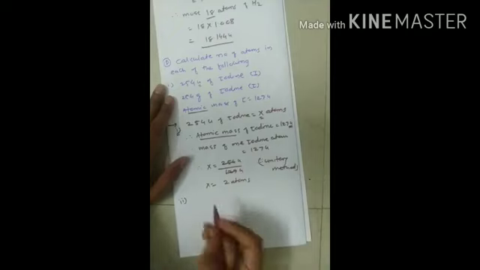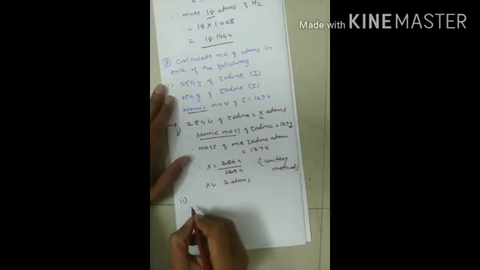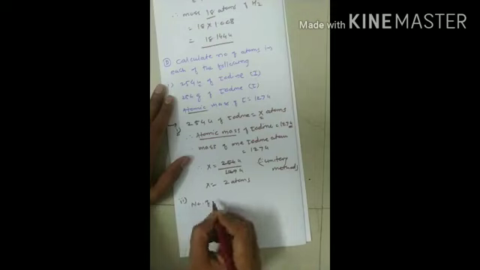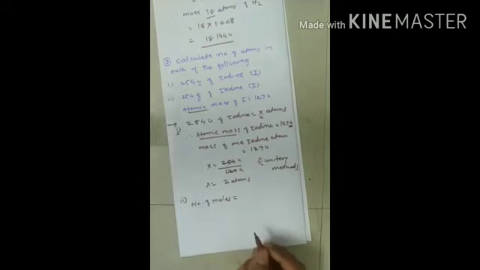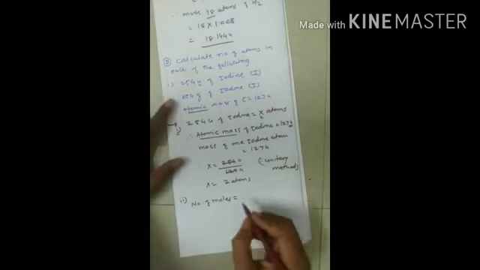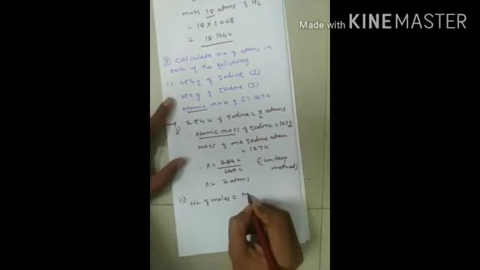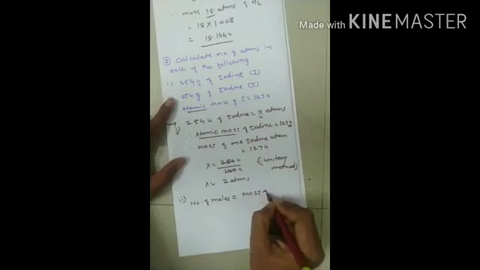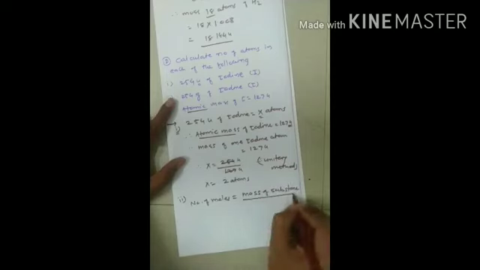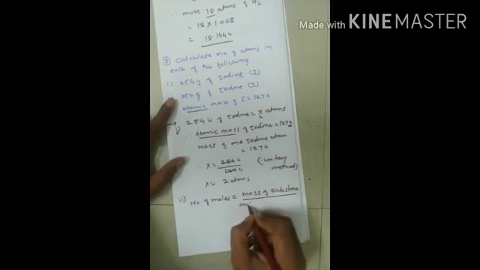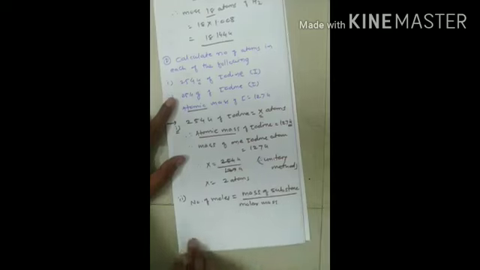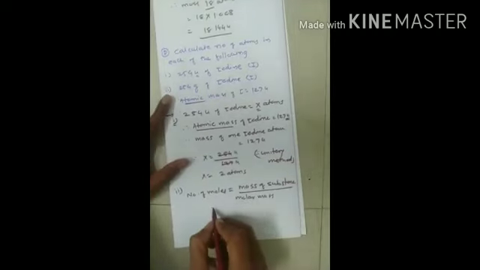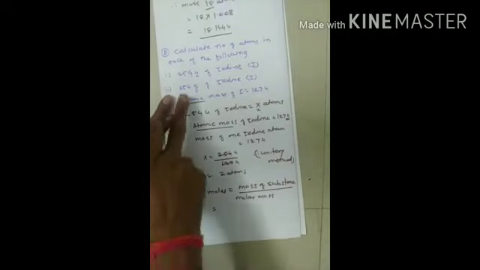So we are using the same formula, number of moles equal to mass of a substance upon molar mass of the same substance. Here the mass of the substance is already given in terms of gram.